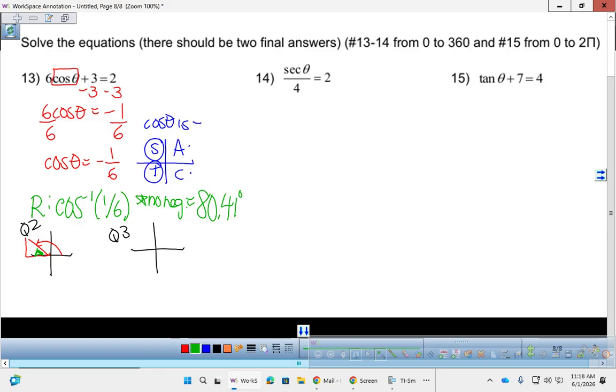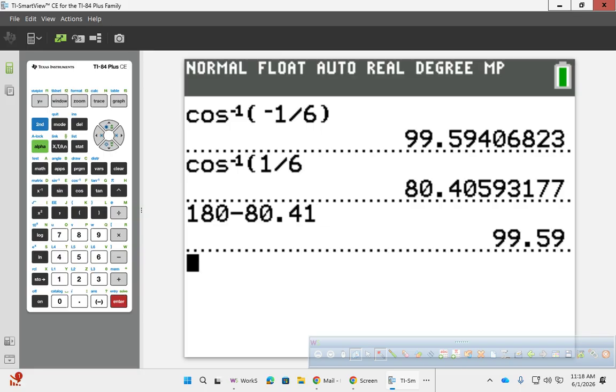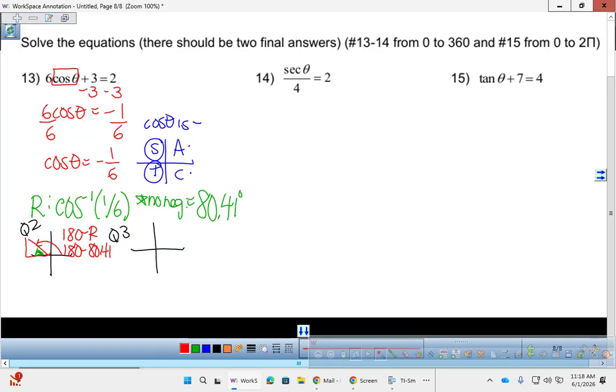Now, if you don't want to do it that way, you can just use the rule. In quadrant 2, I do 180 minus the reference angle. So I would do 180 minus the 80.41. 99.59 is answer 1.